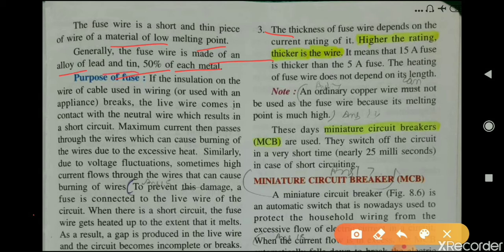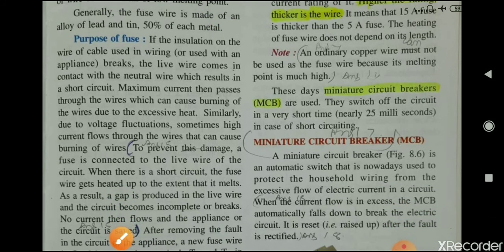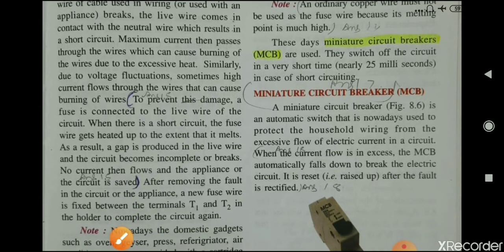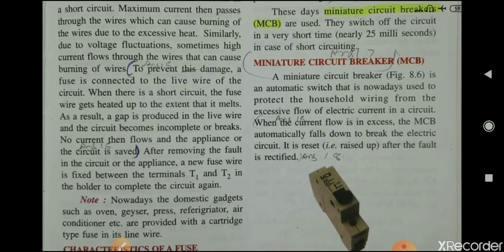Now, the purpose of a fuse is to prevent damage if an excess amount of current flows in a circuit. When there is a short circuit, the fuse wire gets heated up to an extent that it melts. As a result, a gap is produced in the live wire and the circuit becomes incomplete or breaks. So no current flows and the appliance or the circuit is saved.